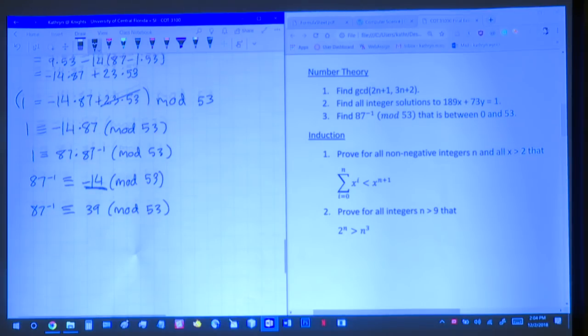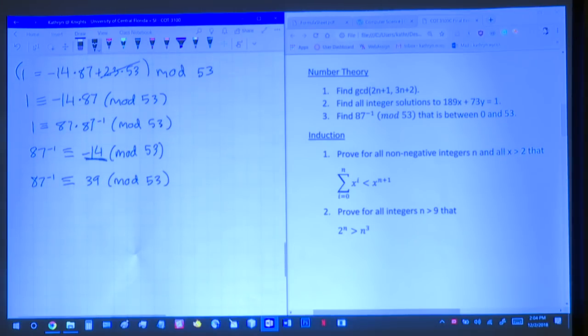So whenever we get a question that says the answer is between 0 and a number, we add the number to the value, and you'll get something that's within it. If it's above that range, then you'll subtract this number.